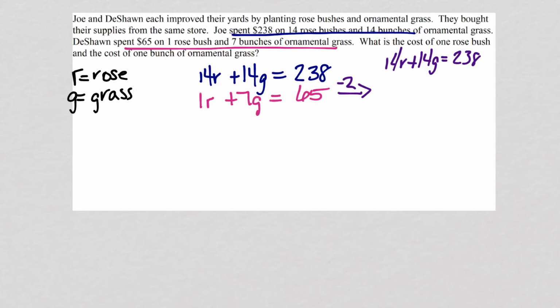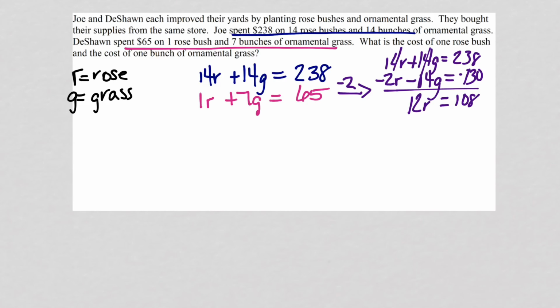And then my bottom equation, I start by multiplying. 1R times negative 2 is negative 2R. 7 times negative 2 is negative 14G. And then negative 2 times 65 is a negative 130. Draw my line, add my equations. 14R minus 2R is 12R. My G's disappear, and 238 minus 130 is 108.